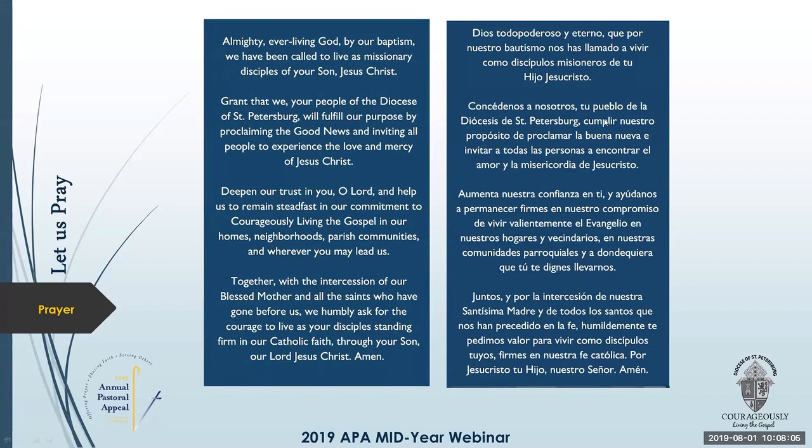Deepen our trust in you, O Lord, and help us remain steadfast in our commitment to courageously living the gospel in our homes, neighborhoods, parish communities, and wherever you may lead us. Together, with the intercession of our Blessed Mother and all the saints who have gone before us, we humbly ask for the courage to live as your disciples, standing firm in our Catholic faith, through your Son, our Lord, Jesus Christ. Amen. In the name of the Father, Son, and Holy Spirit. Amen.